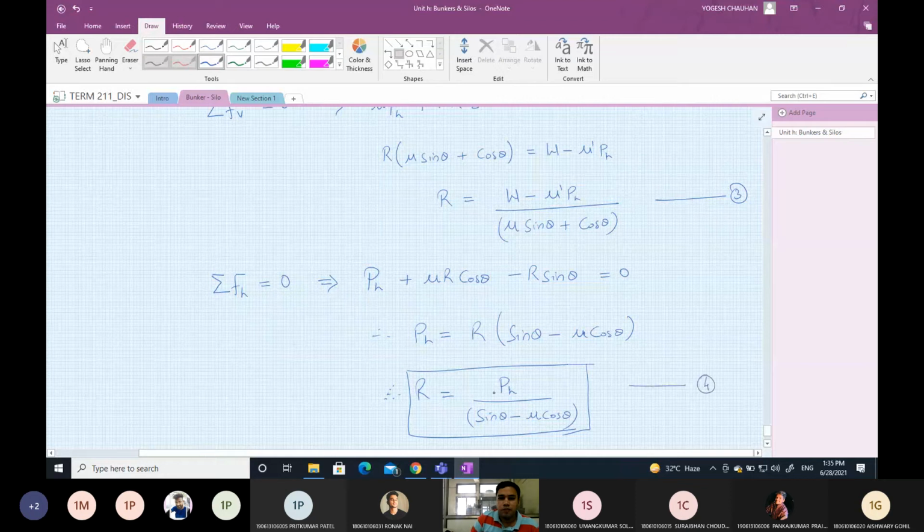Now from 3 and 4 both are in terms of r, so we can equate them.